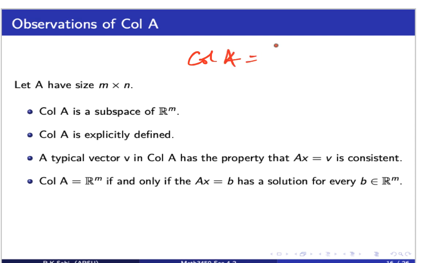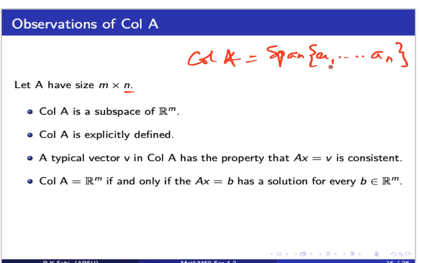It is the span of all the columns of A. And how many columns does it have? N columns, A1 up to An. Now notice, A1 has m rows. So clearly the column space of A is a subspace of Rm. By virtue of the definition, it is the spanning set.